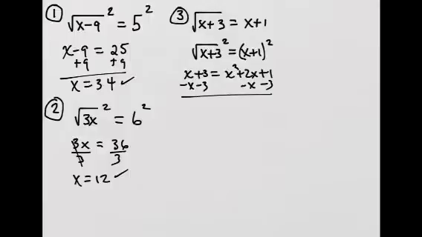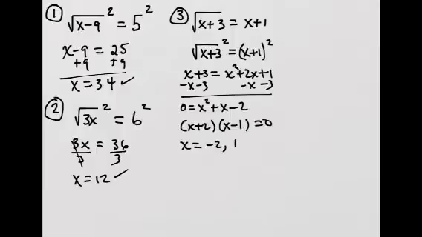So now you have 0 equals x squared plus x minus 2. That quadratic factors as x plus 2 times x minus 1 equals 0. So x is negative 2 or 1.